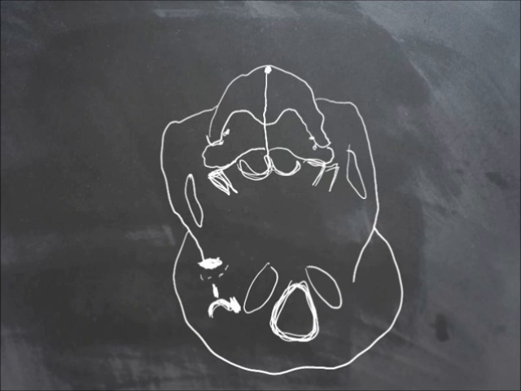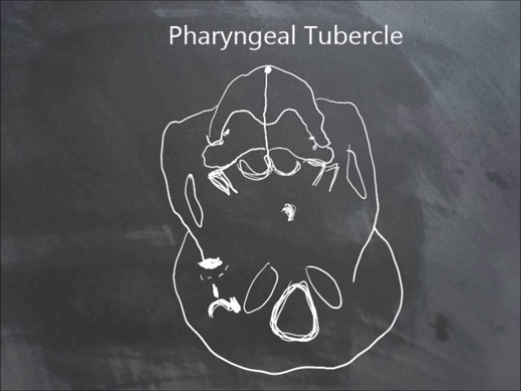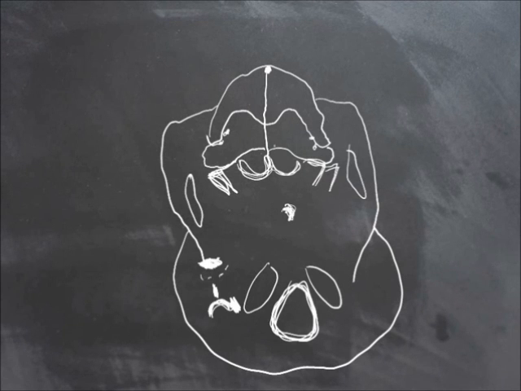There are a few more features just here in the middle. A little bump here called the pharyngeal tubercle, for attachment of the pharyngeal muscles. This is the nasal septum in the middle, and these are the choanae.